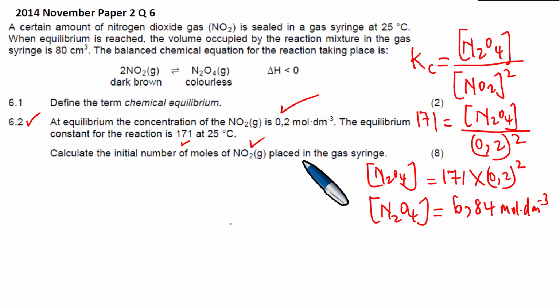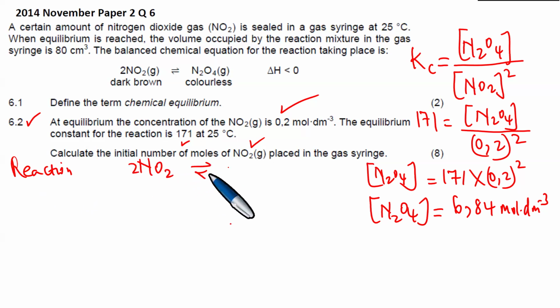You're going to use the RISE technique. Using the RISE technique, first things first, we focus on the reaction. What is the reaction? The reaction is NO2 going to N2O4. So we write that one down.